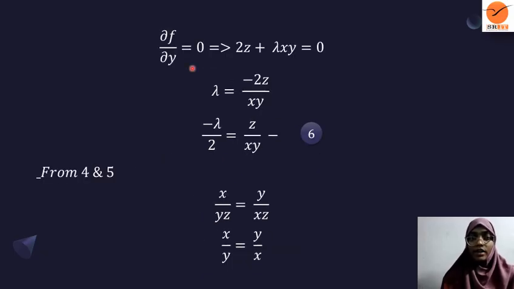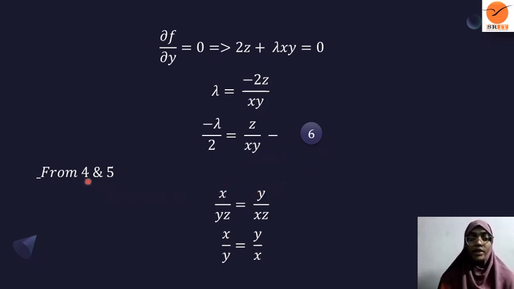Then similarly dou F by dou z equals 0 gives 2z plus lambda xy equals 0. Lambda equals minus 2z by xy, so minus lambda by 2 equals z by xy, which is equation number 6.